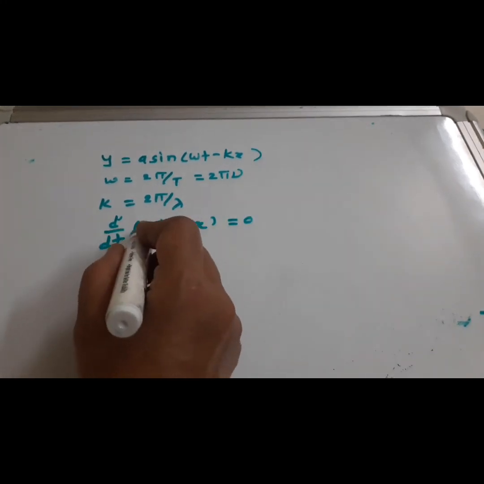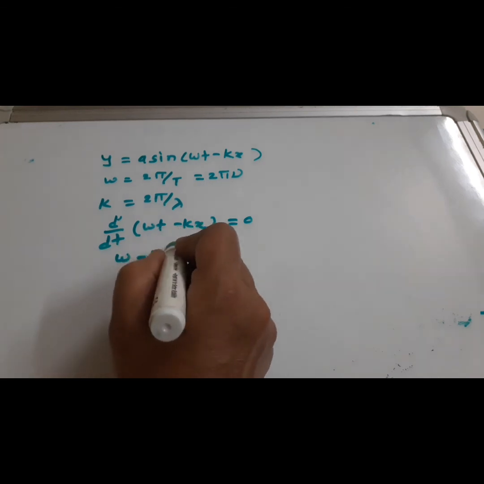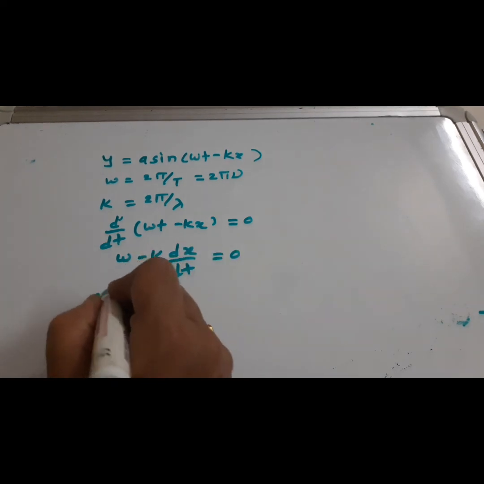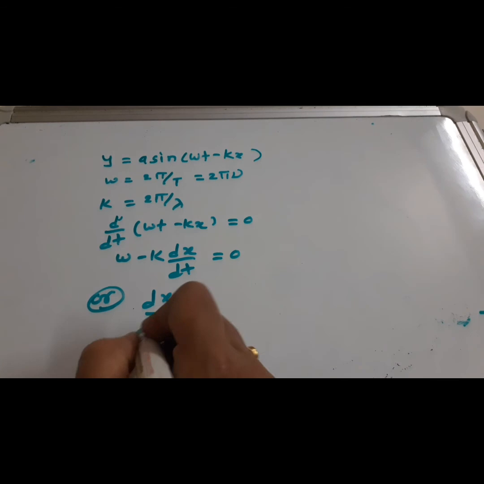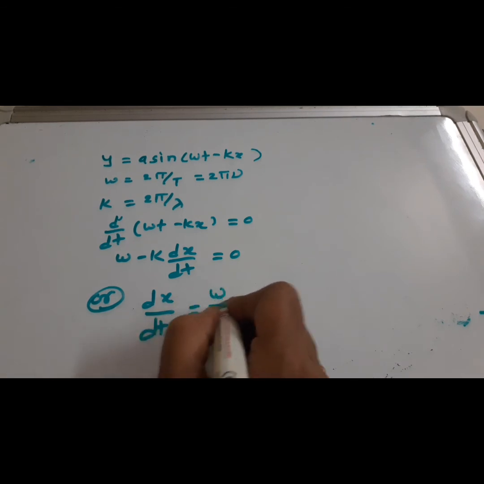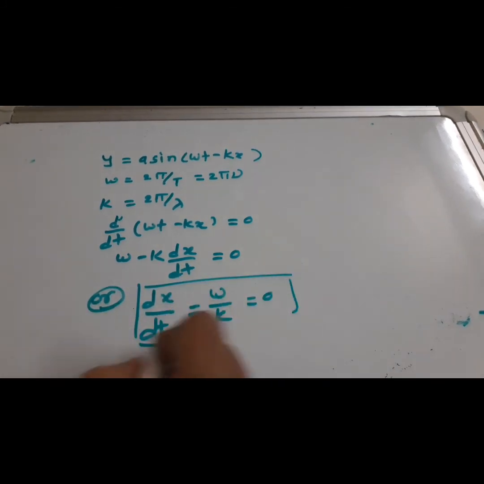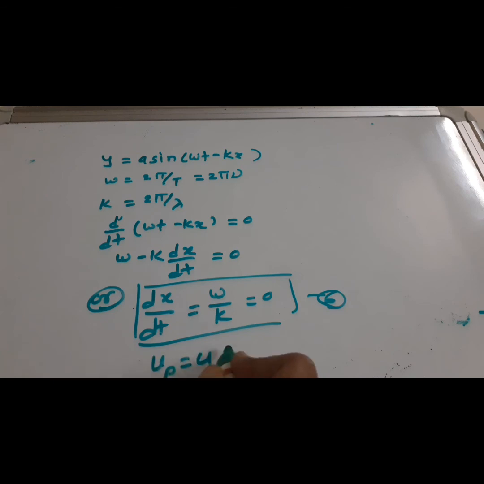After differentiating, omega minus k dx by dt is equal to 0, or dx by dt is equal to omega upon k. This is equation 6: Vp is equal to u is equal to omega upon k, so phase velocity is denoted by the letter u also, and that is equal to omega upon k.